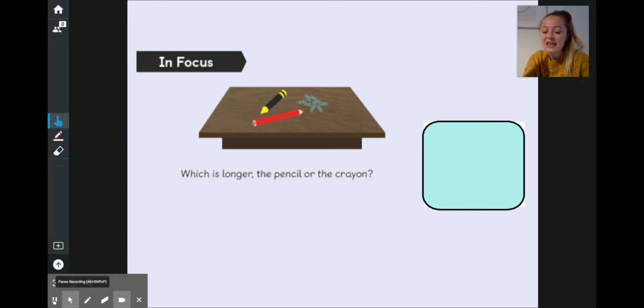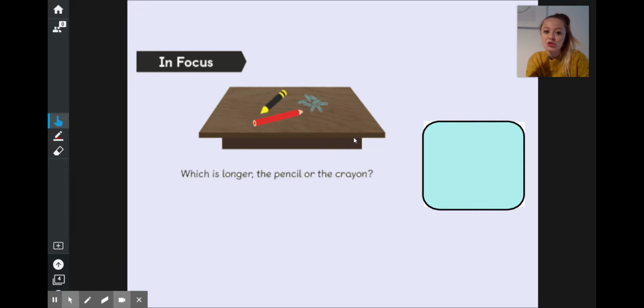Is there anything on the table there that you could use to help you work out which is longer? So anything you could see that maybe you could move, that you could use to try and work out which of those, the pencil or the crayon, is longer? Now, lots of you had a go at doing this last week, so I know we've definitely got some experts in year one. We could use some of these paper clips to help us, couldn't we?